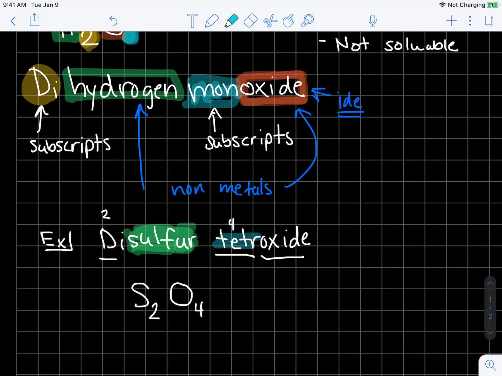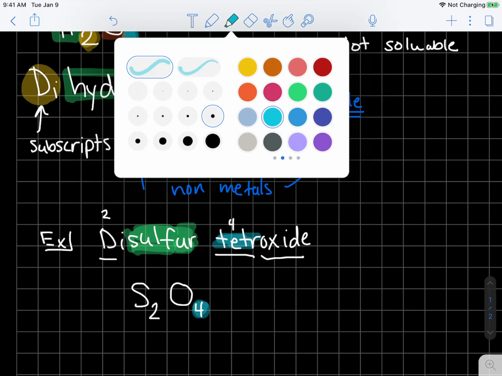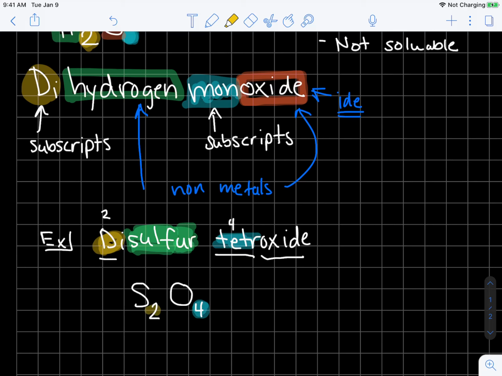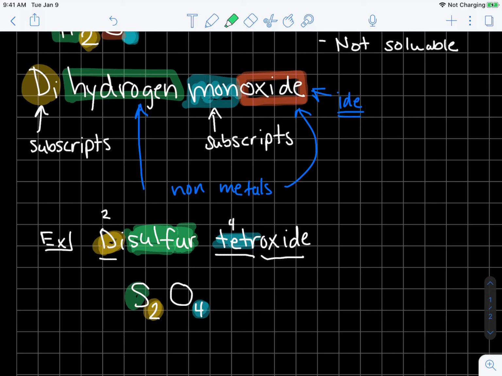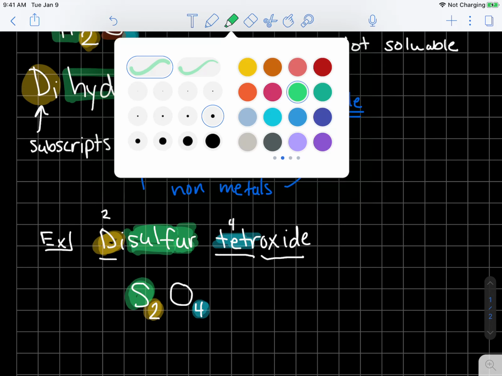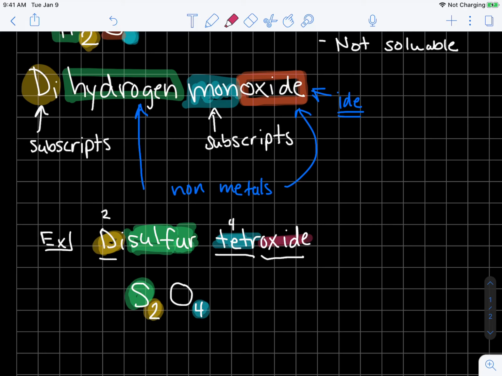So there's tetra, that's your 4. Here's your 2. That was the sulfur. And the oxide, that's your oxygen.